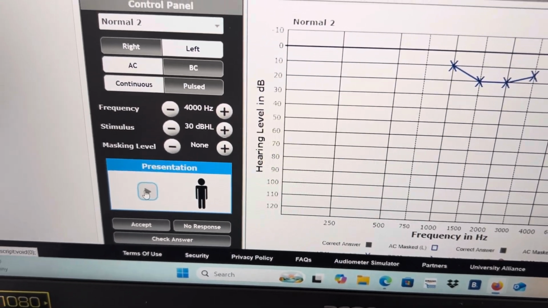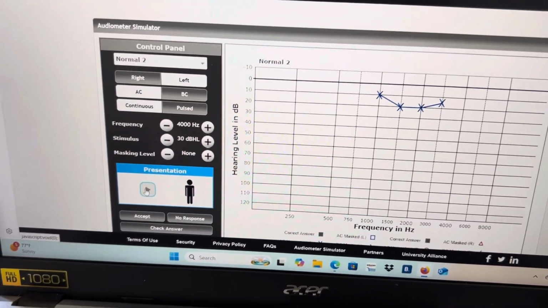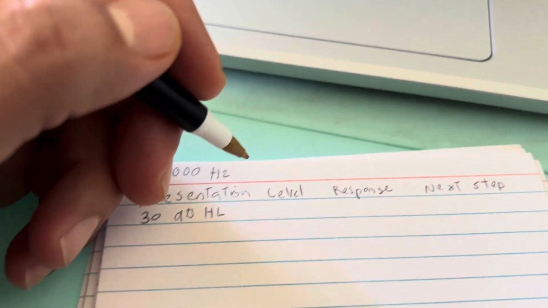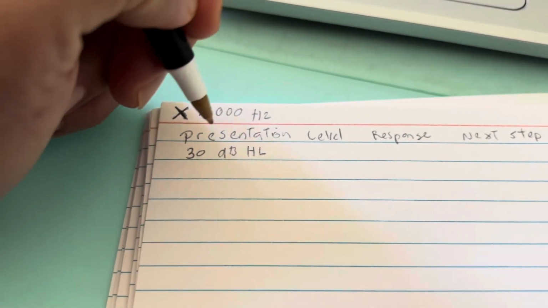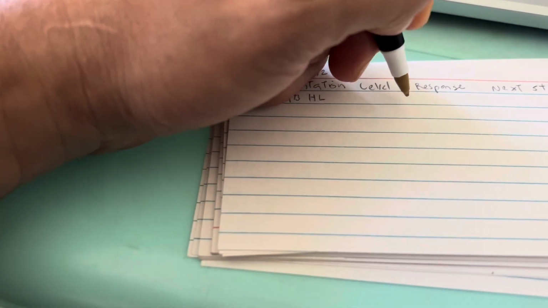Okay, so the person heard that, was able to hear that. So we're going to put on our little table here that at 30 decibels hearing level, the person was able to hear. So there was a response.